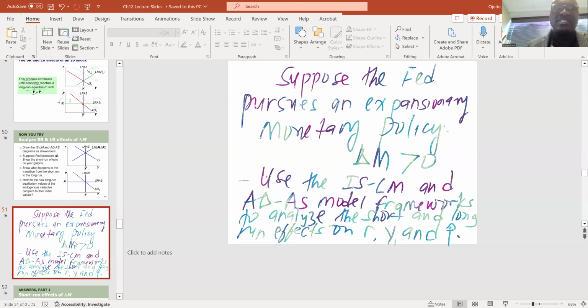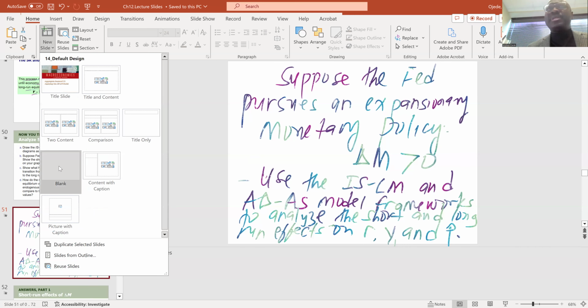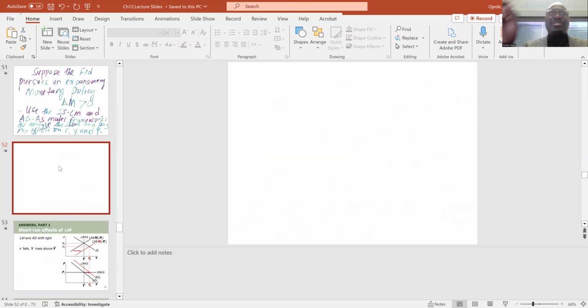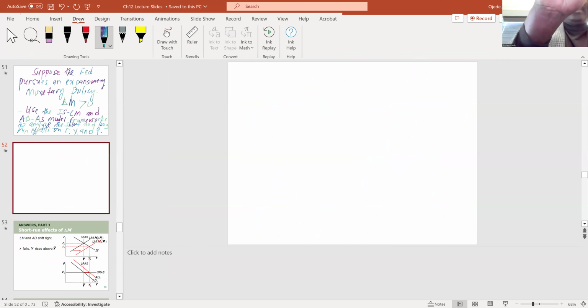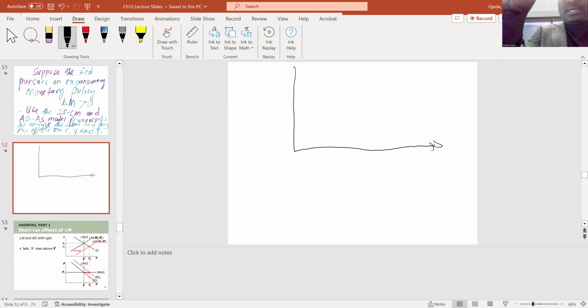And here is always going to be your starting point. If you cannot draw the starting point, that means you can't even start. So your starting point, you're going to draw. Let's use black here. Lines are crooked, but okay.